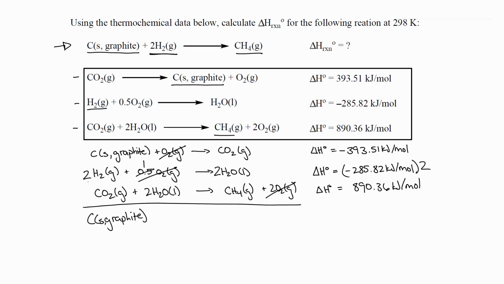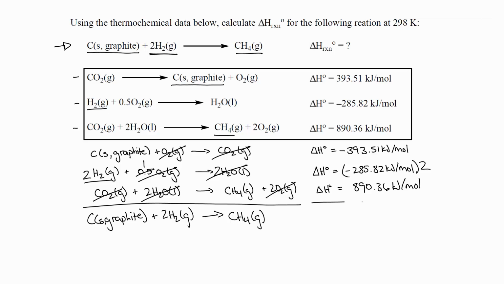The next reactant I have is these 2 hydrogens. And then the carbon dioxide down here will cancel with the carbon dioxide in the products, and the water will cancel with the water. So overall I have carbon, solid graphite, plus 2 moles of H2 gas going to methane gas, which is exactly the overall reaction we want.